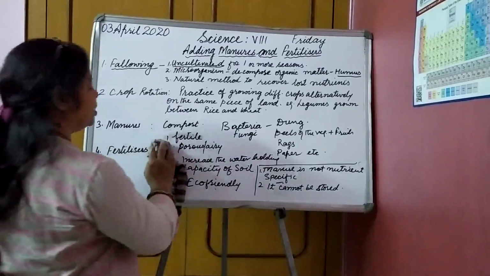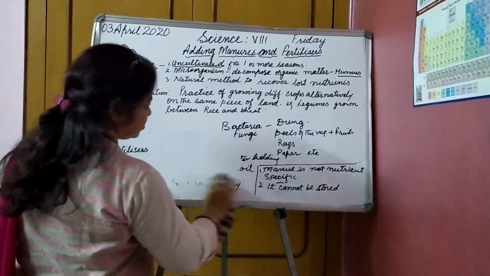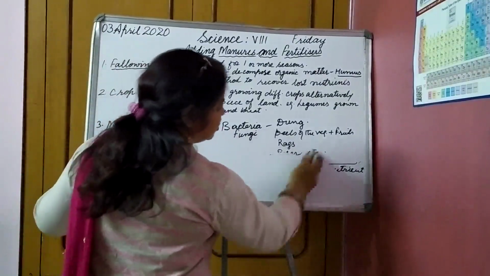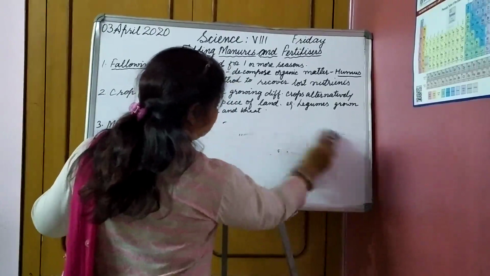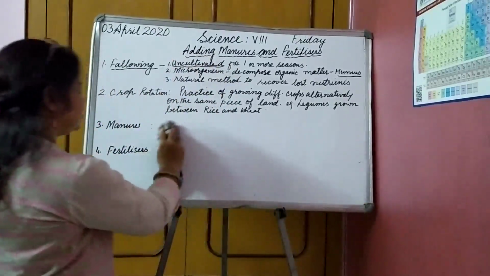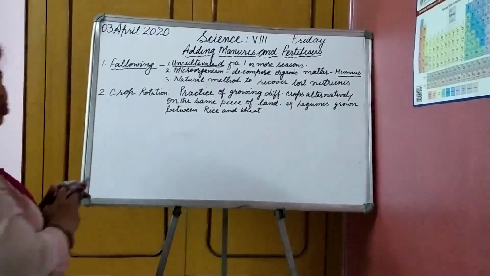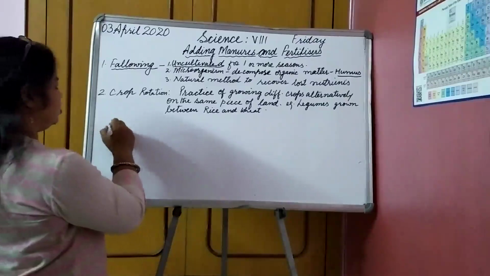Next point is fertilizer. What do you mean by fertilizer? Unlike manure, fertilizers are chemical substances. They are the nutrients which are chemical in nature.